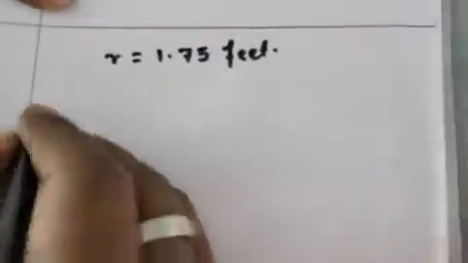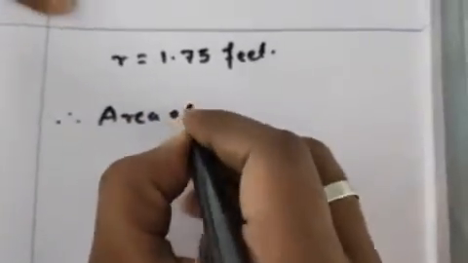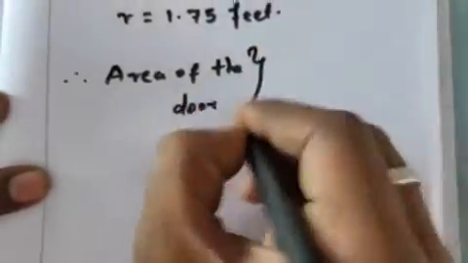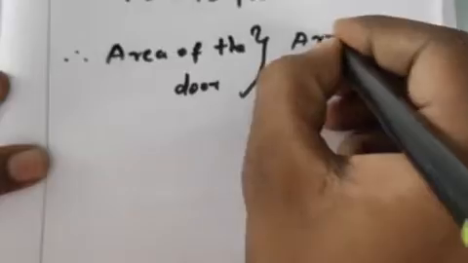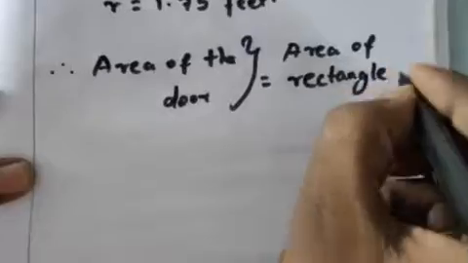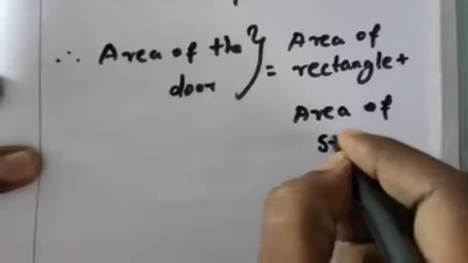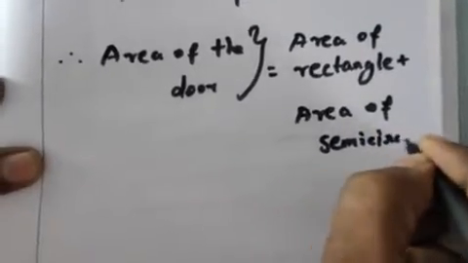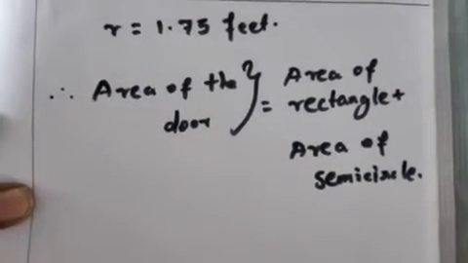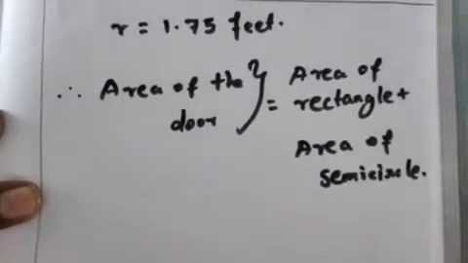Therefore the area of the door is equal to the area of the rectangle plus the area of the semicircle. This door is a combined shape, with a rectangle and a semicircle, so to find its area we have to find the area of the rectangle and the semicircle.